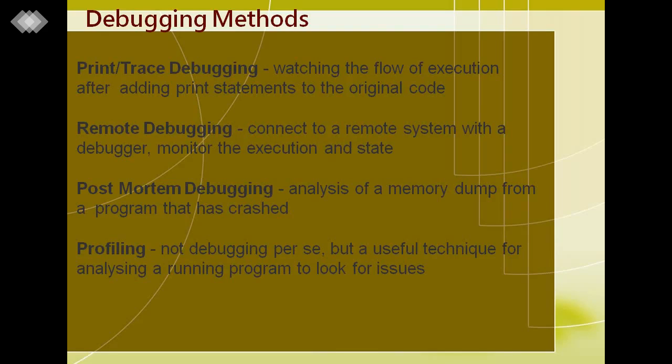Post-mortem debugging analyzes a memory dump from a program that has crashed. Profiling is not debugging per se, but a useful technique for analyzing a running program to look for issues.